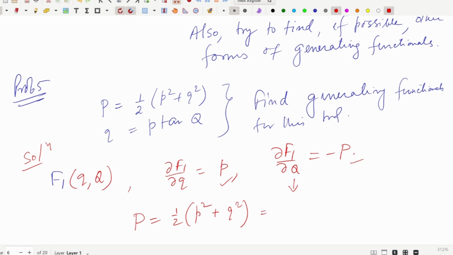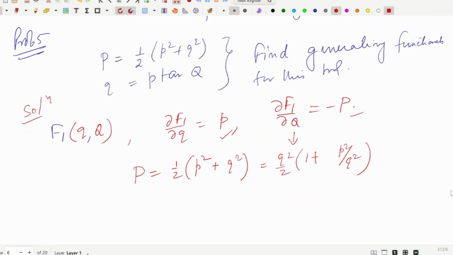So, this can be written q square by 2 times 1 plus p square by q square. Now, q by p is tan Q, capital Q. So, this we write as q square by 2 times 1 plus 1 over tan square Q.